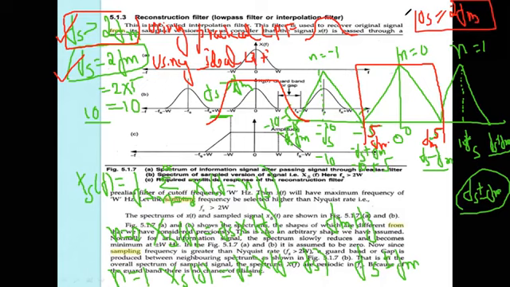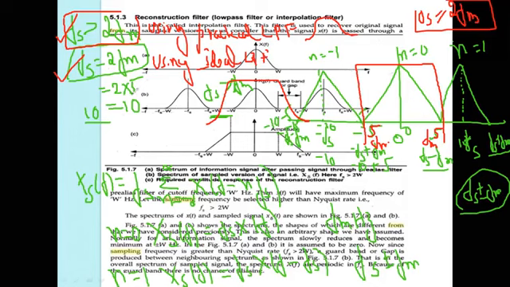A signal which is band limited to the maximum frequency Fm hertz can be completely recovered from its samples if the samples are taken at the rate of Fs greater than or equal to 2Fm. The first condition we already saw: greater than 2Fm, a guard band occurs. Here it is Fs minus Fm, Fs plus Fm, and here minus Fs plus Fm, minus Fs and minus Fm.